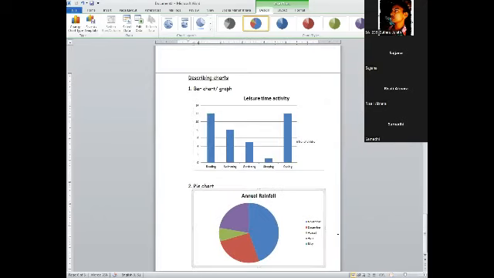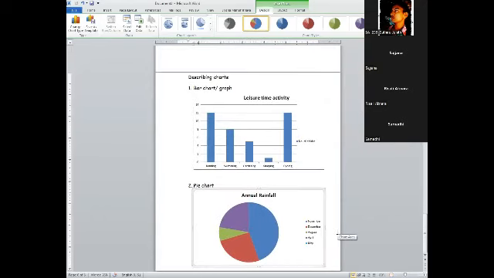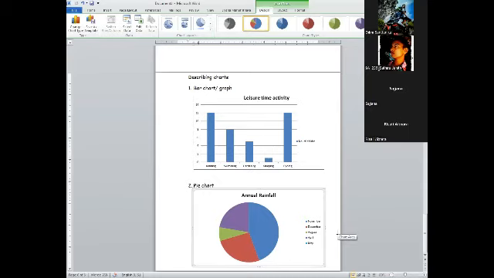I inserted the pie chart also. Can you see? Yes, teacher. In the pie chart, use different colors. Okay, now it's very clear.